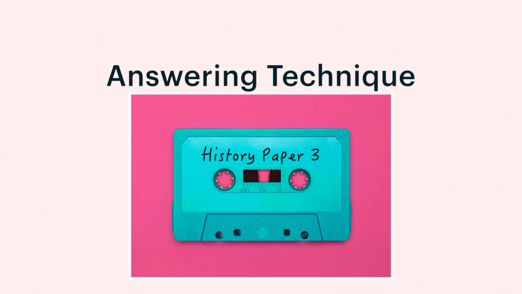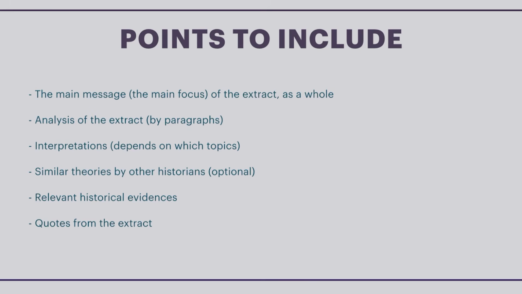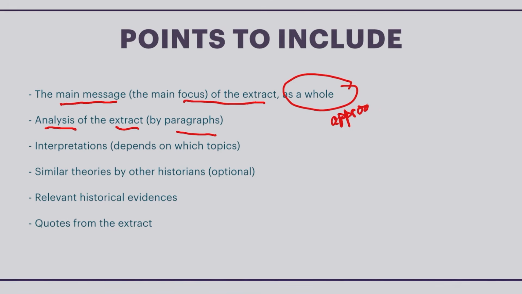Okay, so we are going to look at the answering technique for history Paper 3. The points to include: first, the main message. What is the main message? The main focus of the extract as a whole, in 1 or 2 sentences. Then you analyze the extract paragraph by paragraph, looking at the approach and interpretation of the historian.